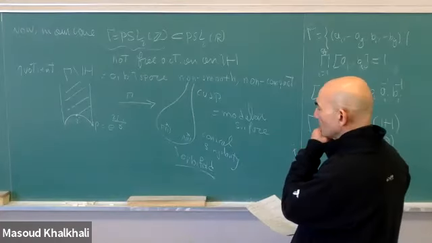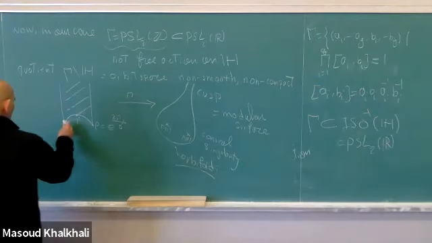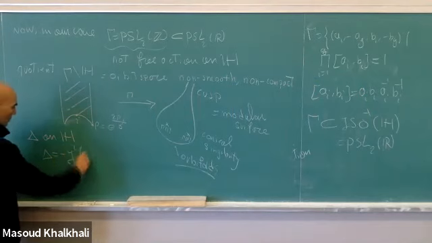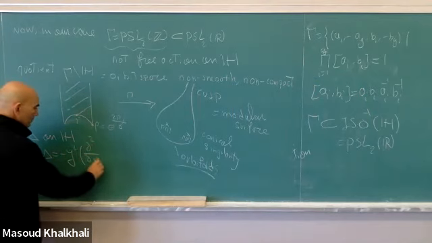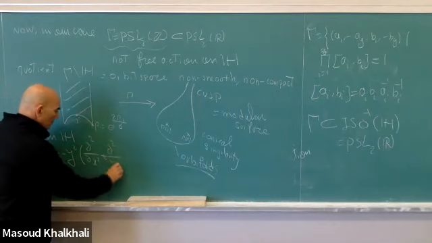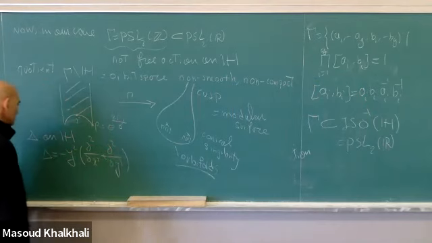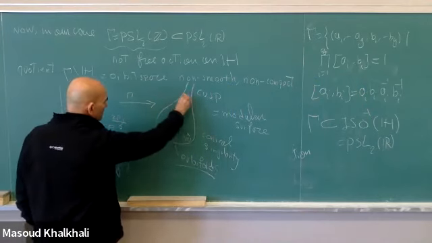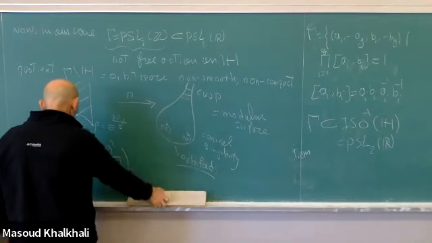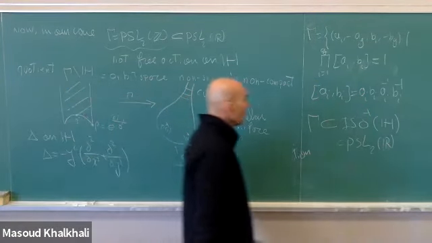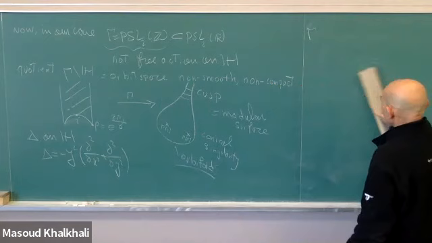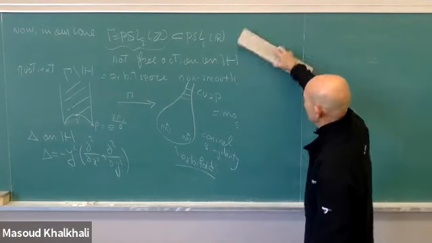So now, what do we want to do? First of all, the Laplacian here, we have the formula for it: minus y squared times (d2/dx2 plus d2/dy2). So we are looking at some functions upstairs.